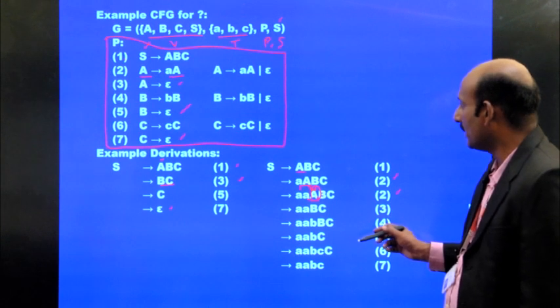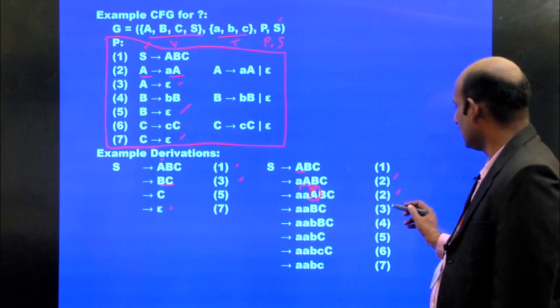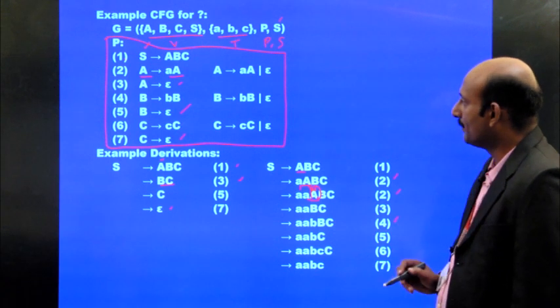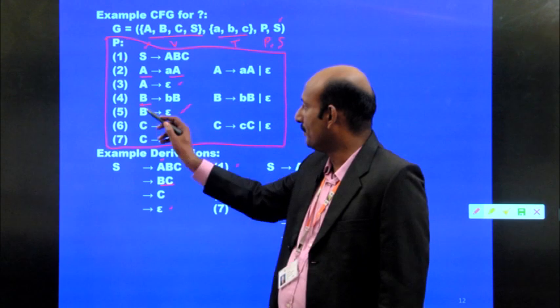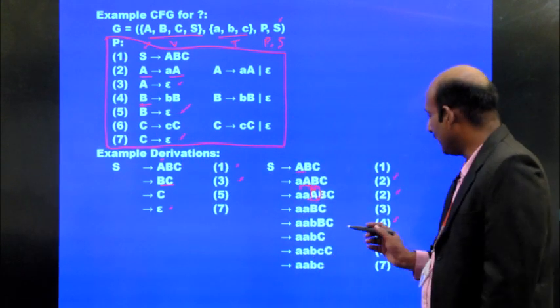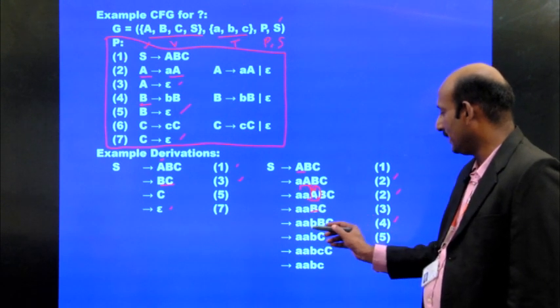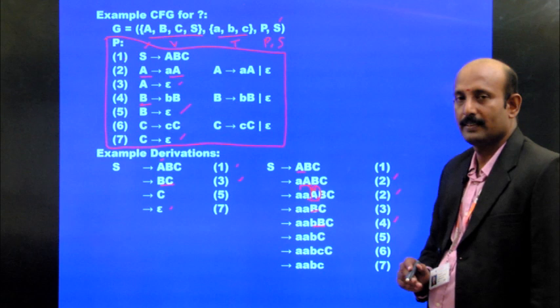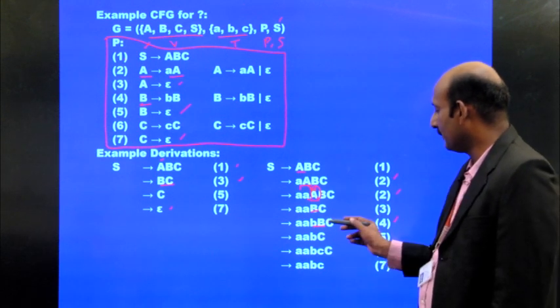Now we can replace this by rule number 4. What is the meaning? Production number 4 is B implies small b, capital B. So B implies small b, capital B, and the rest of the C is as it is. Now we may get it like this.